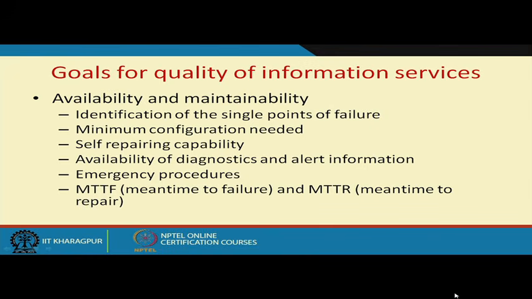So, in order to have this maintainability, there is a trade-off between availability and maintainability of the servers and the other infrastructure.